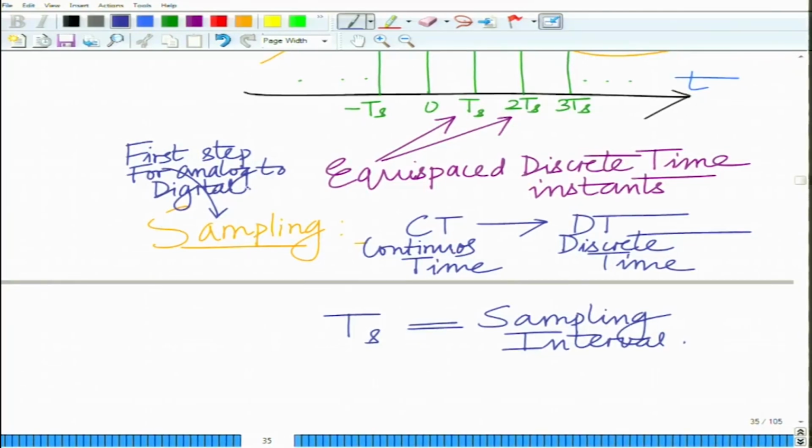Eventually, to convert this analog signal into a digital signal, sampling is the first step, and it is therefore one of the most important steps, because frequently the natural signals are analog, and to store and transmit signals we convert them into digital signals, all right, which is the most popular technology both for storage and communication. So, sampling plays a key role in that, and it is very important to understand the various concepts and the various aspects of sampling in good detail.